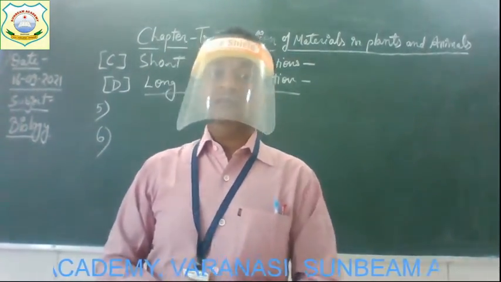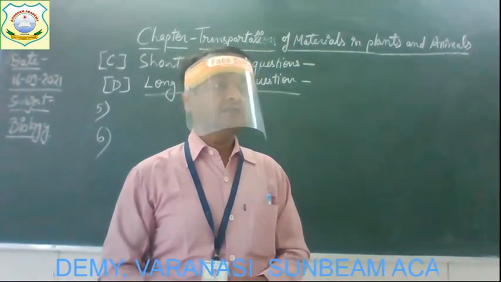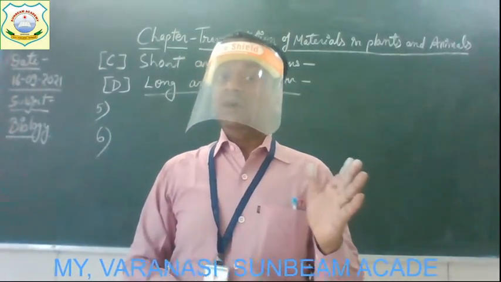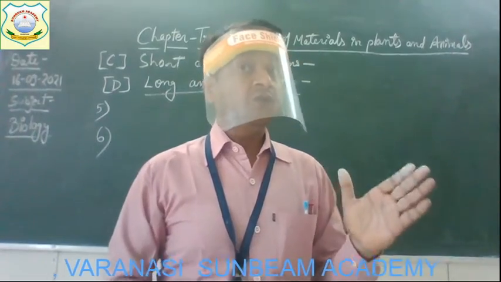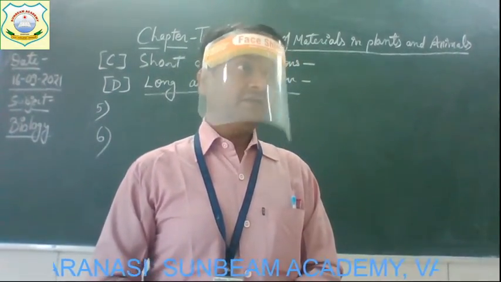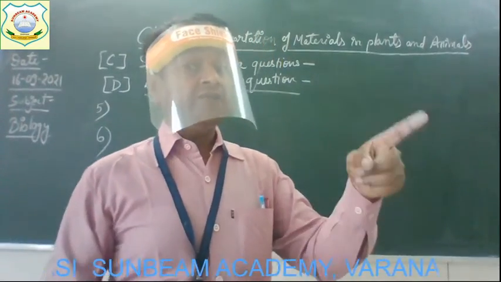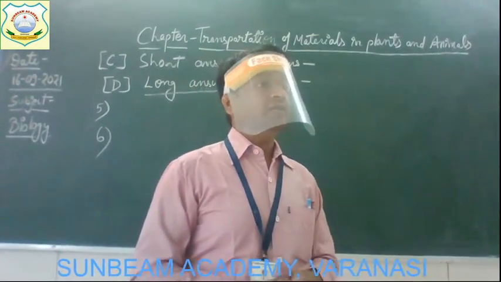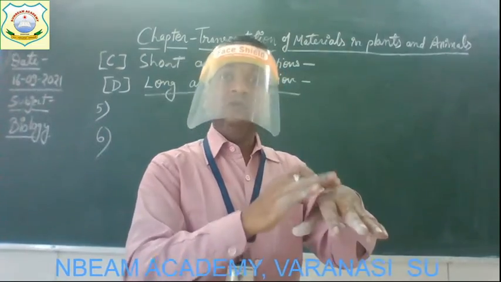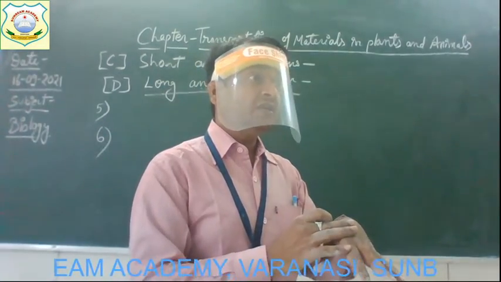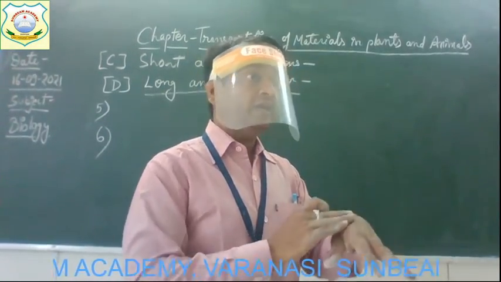And the third one, the function of platelets. They are helpful in clotting of blood. They help to clot the blood whenever there is a wound on the body. If we have a wound, cut, or injury on the body, it needs to clot the blood on that area.